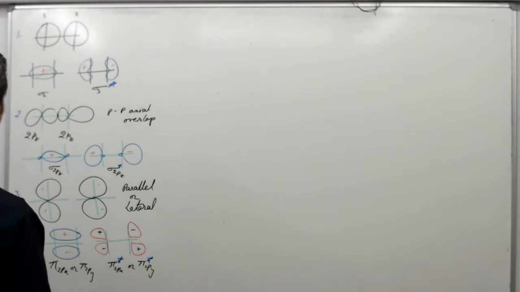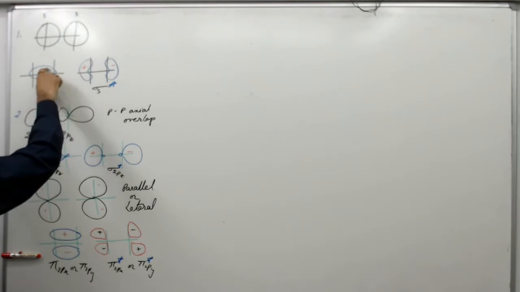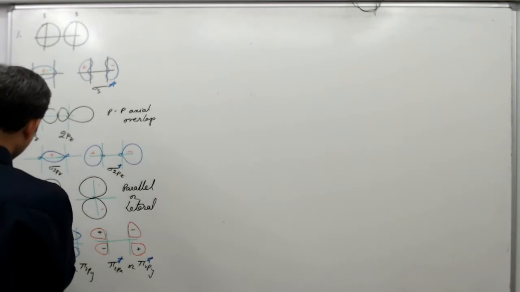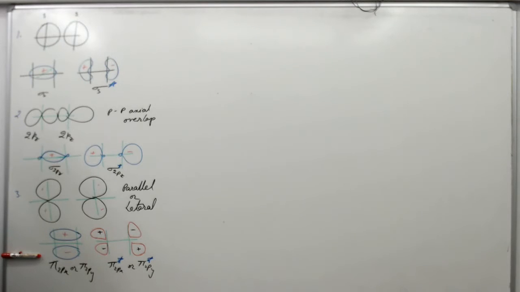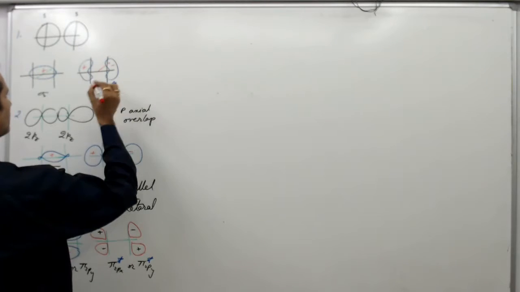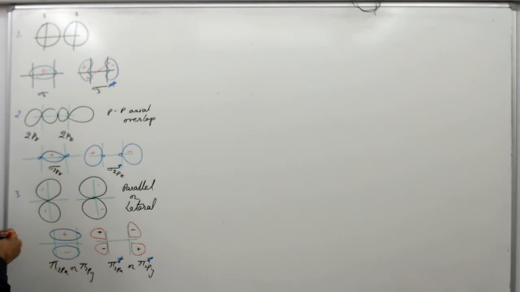If I talk about this sigma s, here we find if we move in this direction, we have both directions identical. So I would say that sigma bonding is symmetrical. If I talk about the sigma antibonding, here we have the negative, here we have the positive. So here we are getting a different sign.